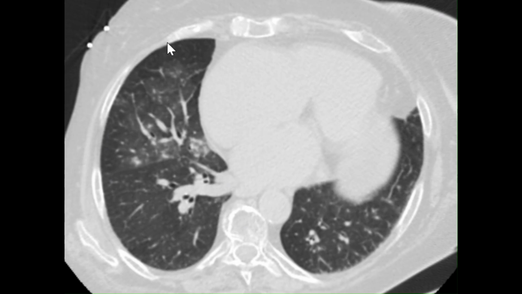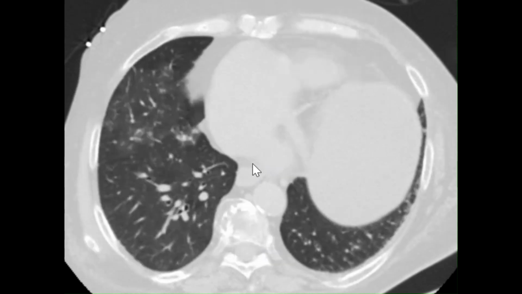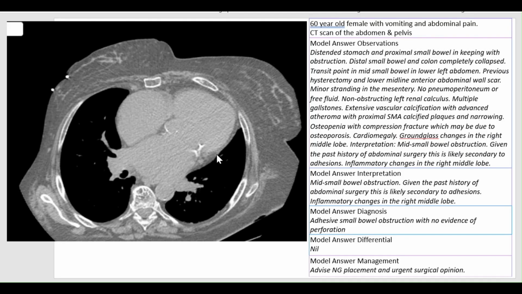As you can see here, this is the right middle lobe, and here this is the ground glass opacification in the right middle lobe. All of these are ground glass opacification in the right middle lobe.